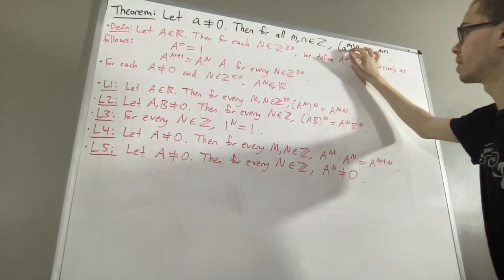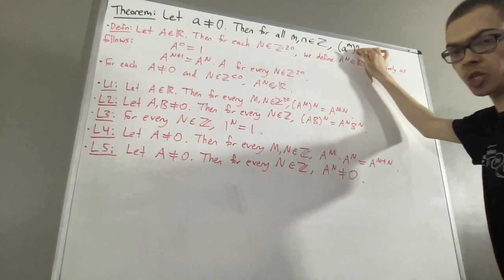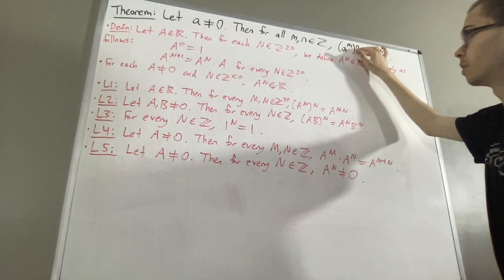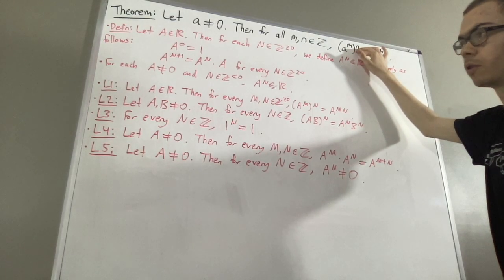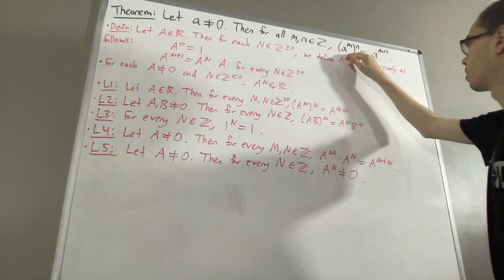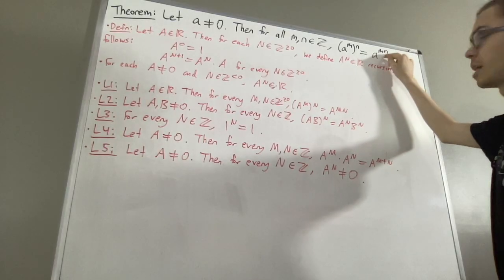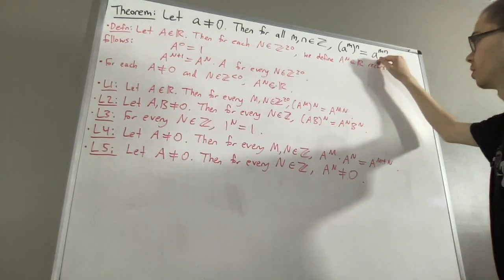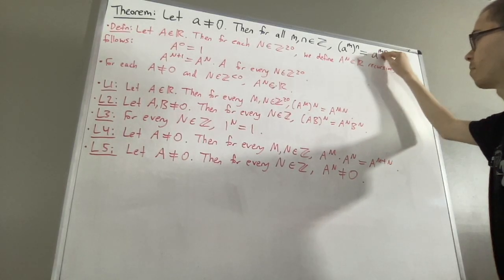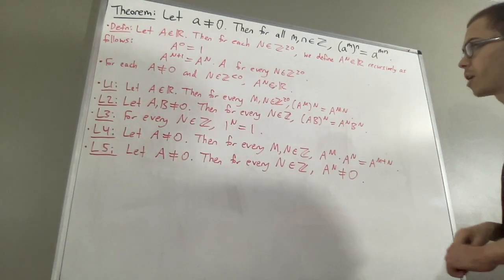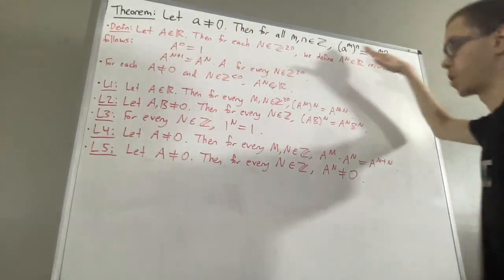Because a^m is non-zero and n is an integer, when we raise a^m to the power n, it will be a real number. So we're good there. And also, since a is non-zero and m·n is an integer, when we perform a^(m·n), it'll be a real number. Okay, so now let's get into proving this theorem.